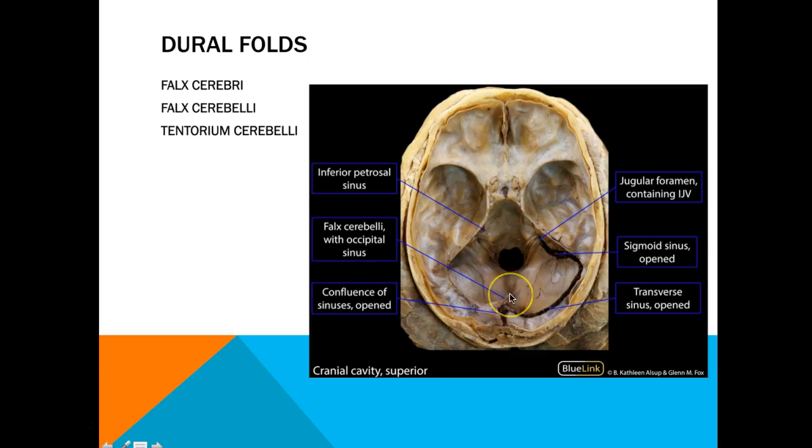And the falx cerebelli separates the right and left hemispheres of the cerebellum. So careful not to get these two first terms mixed up. Falx cerebri divides the right and left hemispheres of the cerebrum. Falx cerebelli divides the right and left hemispheres of the cerebellum.